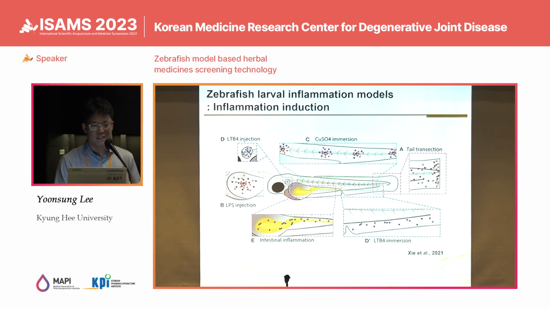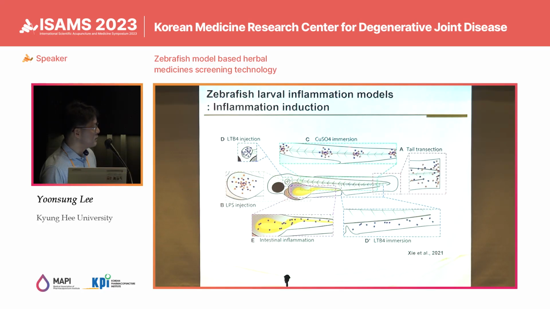And in our case, we're making not just a genetic model, but you can also generate models using injury induction. In our case, we developed an inflammation induction model to find possible anti-inflammatory drugs for further studies. Recently in the zebrafish field, people are trying to make a suitable and optimal model for inflammation induction.